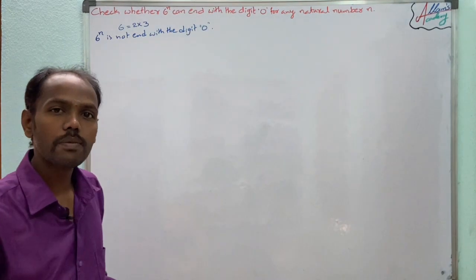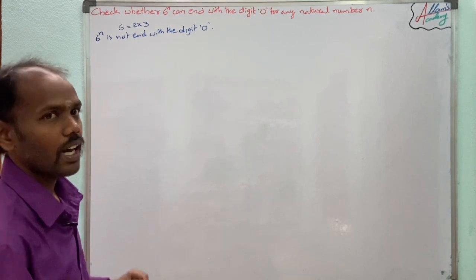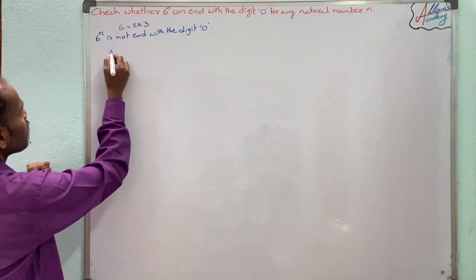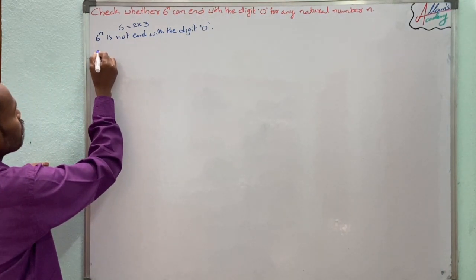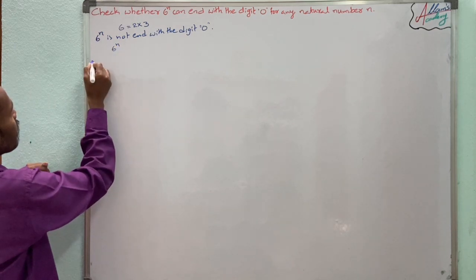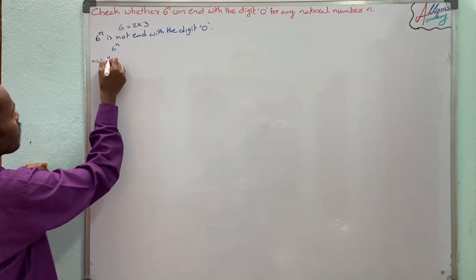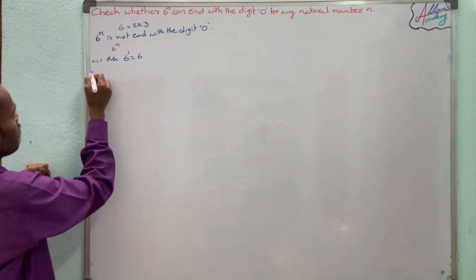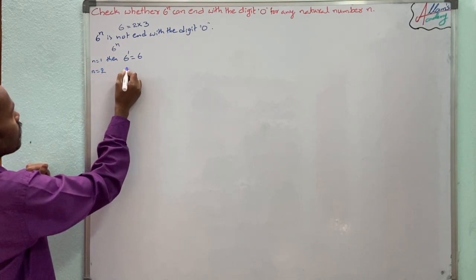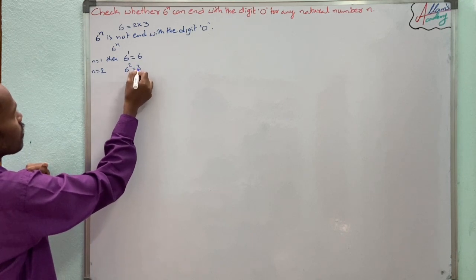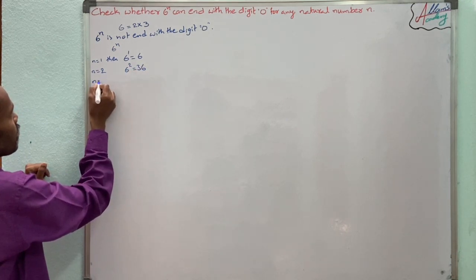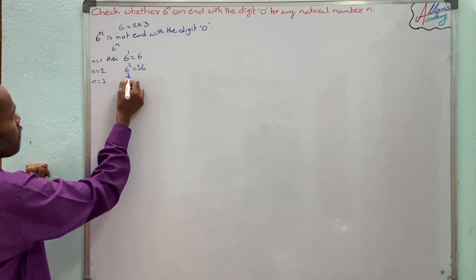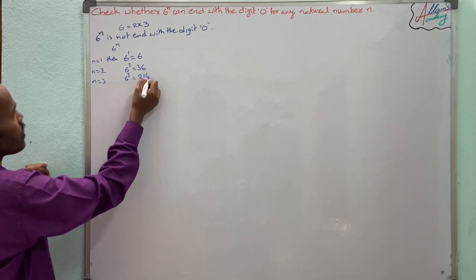For this problem we can also explain in another way. In 6 power n, if n equals 1, then 6 power 1 equals 6. If n equals 2, then 6 power 2 equals 36. If n equals 3, 6 power 3 equals 216.